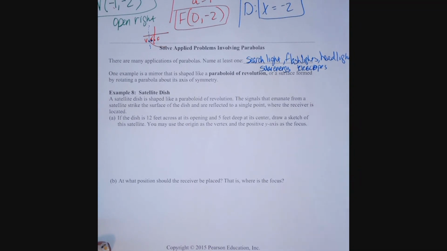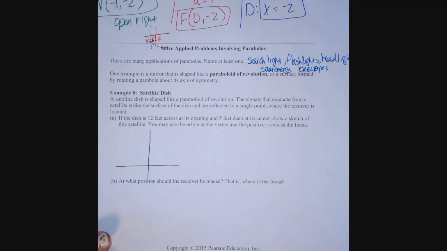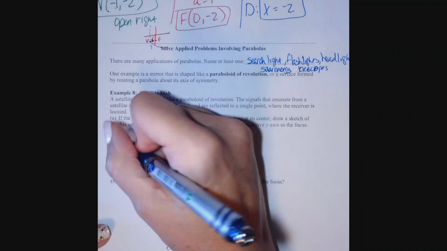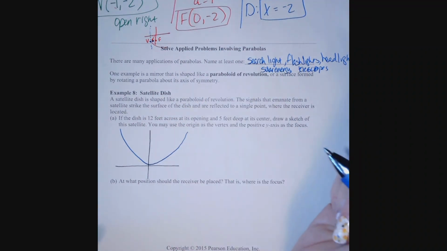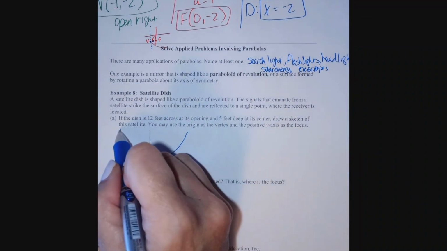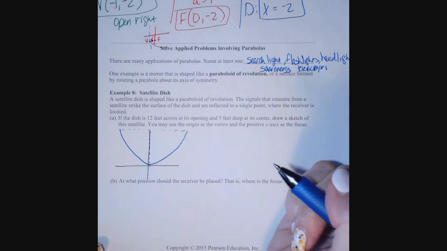Now we have a dish that is 12 feet across at its opening and 5 feet deep at its center. Draw a sketch, and it suggests that you locate it at the origin, opening upward, with the positive y-axis as the focus. So we have a satellite dish, and it's going to look like this. We know that at its opening it is 12 feet across, and it is 5 feet deep at its center.